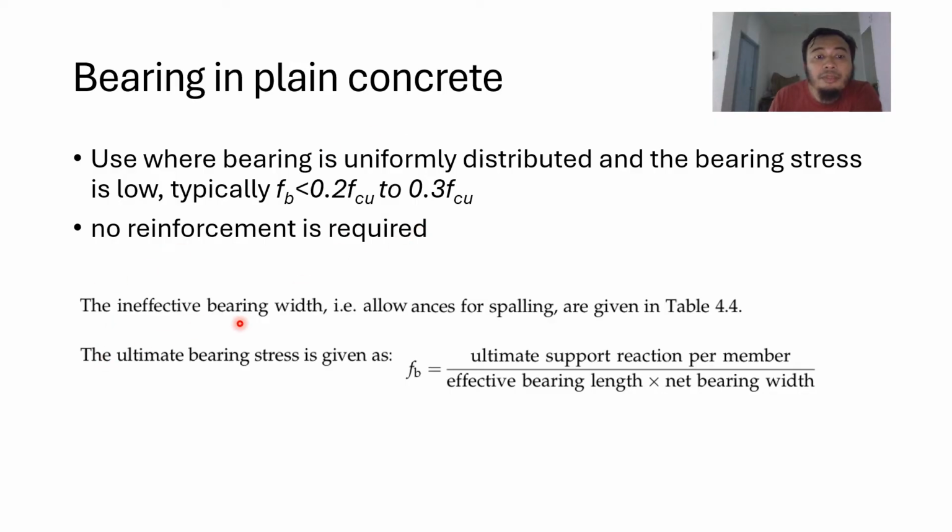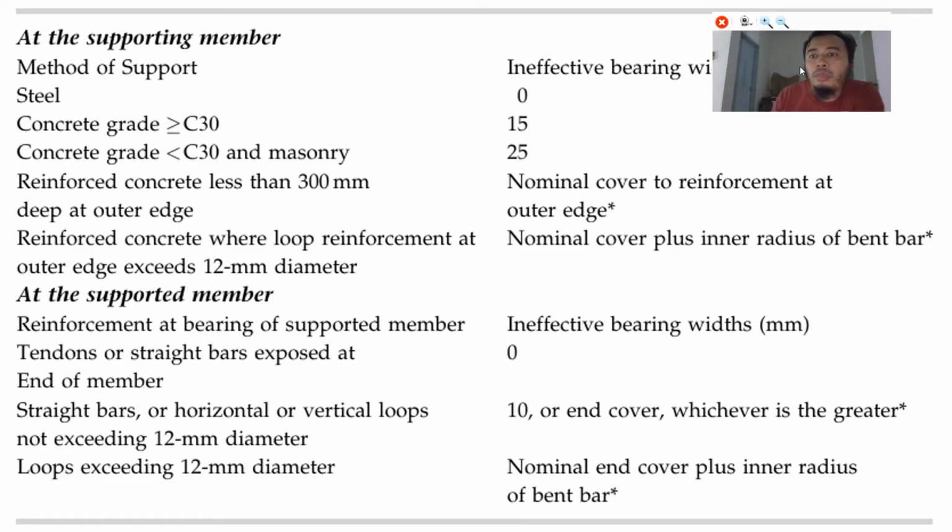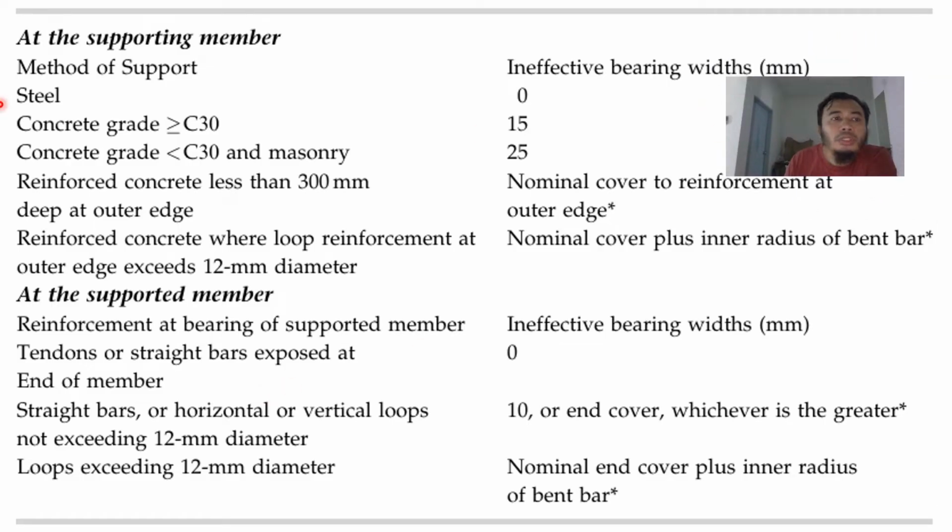So you want to calculate the bearing width. The ineffective bearing width, i.e. allowances for spalling, is given in table 4.4. It depends on your method of support, and then gives you the ineffective bearing width. For example, if your method of support is steel, there is no ineffective bearing width.